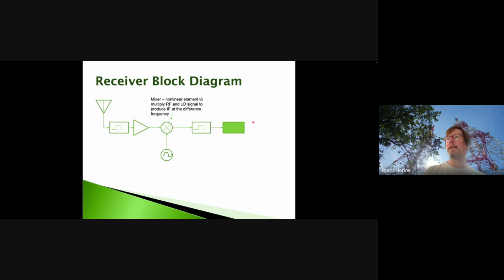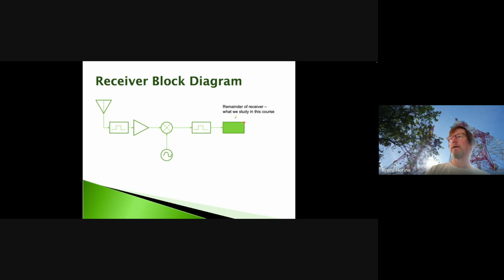So, and then this filter here is going to now select the exact channel that you want, the exact waveform, and reject everything else. And so we'll look at this a little bit shortly.